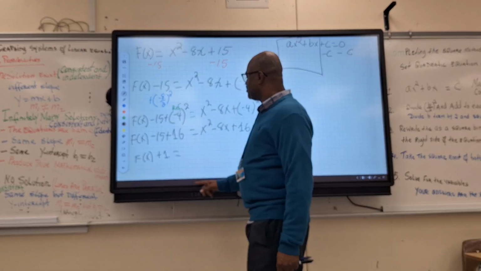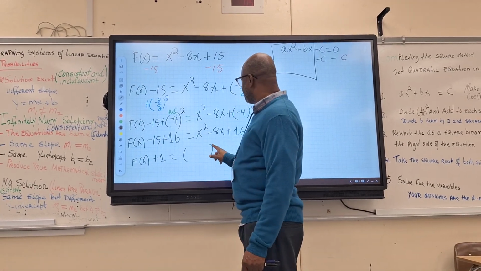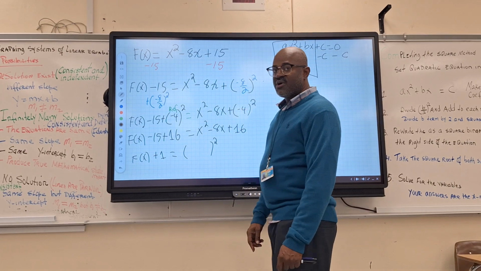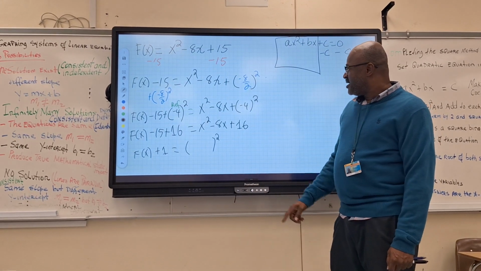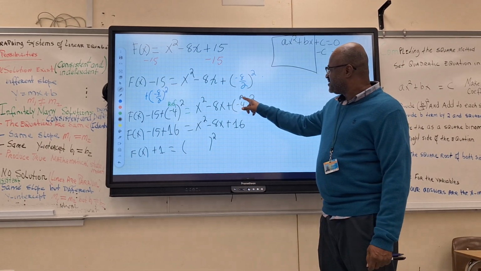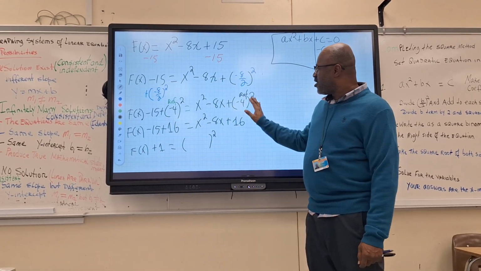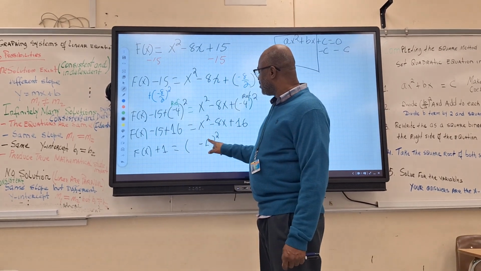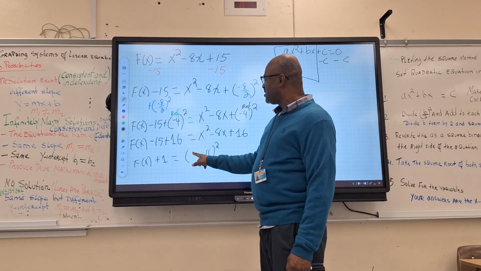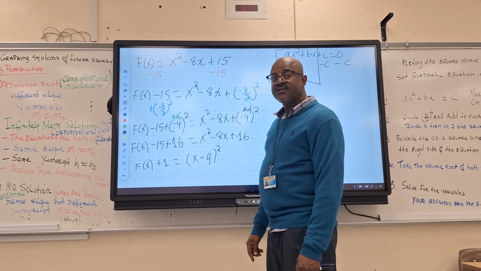Is equal to this. We're going to write it as a perfect square, as a square binomial, right? So remember this, we keep that as a reference. That's what will always go inside the parentheses. So your negative 4, that's what's going to go inside the parentheses, and this becomes what? Your x. Right?